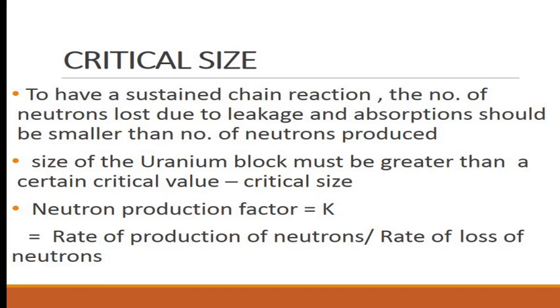The chain reaction once started will remain steady or increase or decrease depending upon the number of neutrons. So we define a new factor called neutron production factor K, which is the ratio of the rate of production of neutrons divided by the rate of loss of neutrons. So on one side neutrons are produced, on the other side neutrons are lost by leakage or absorption.